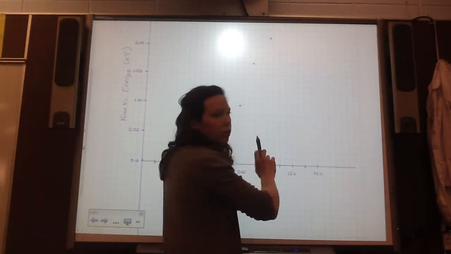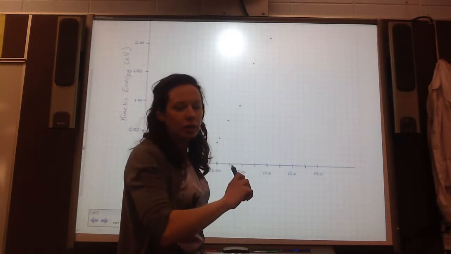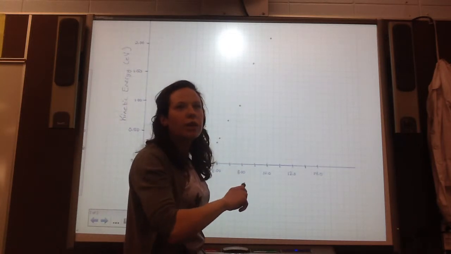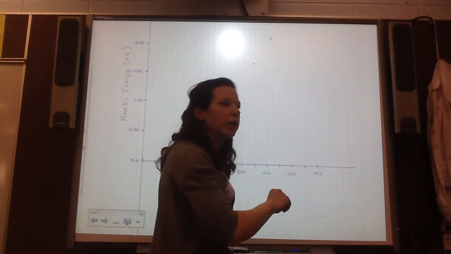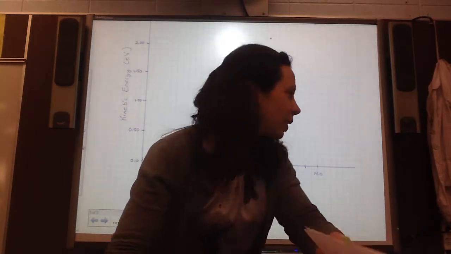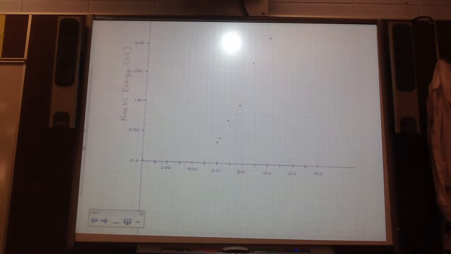So I'd like you to use a ruler, at least the flat edge. If I put a ruler on my paper and it's touching, I can't draw a line, so I hold it above.